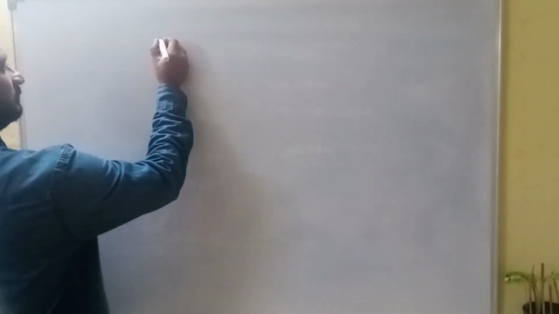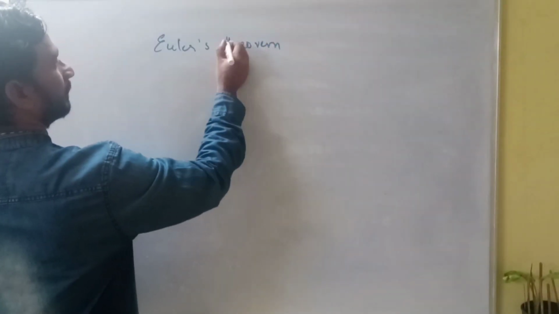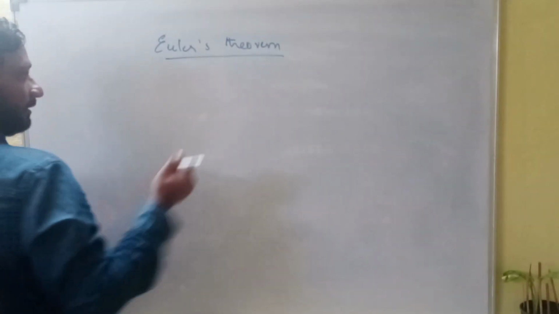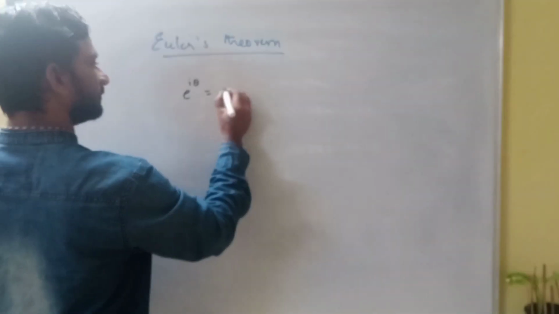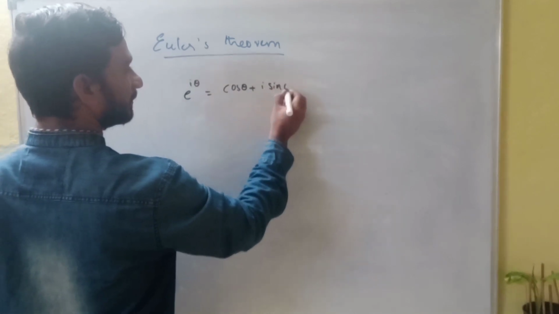Now let's come to Euler's theorem. Euler's theorem says that e power i theta is equal to cos theta plus i sin theta.